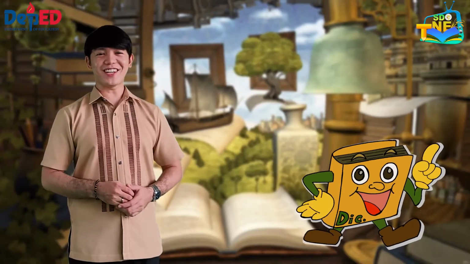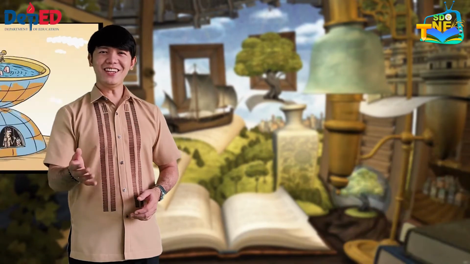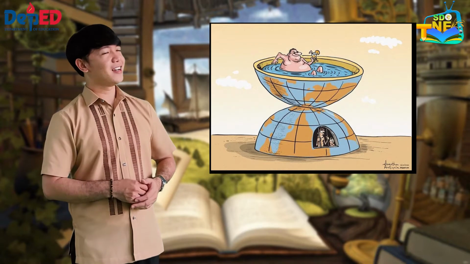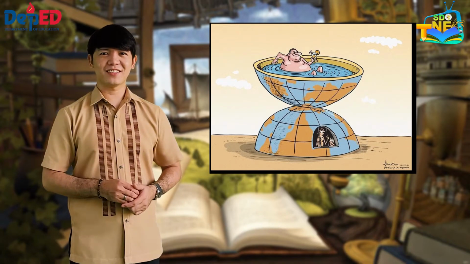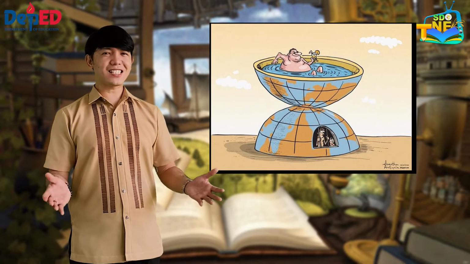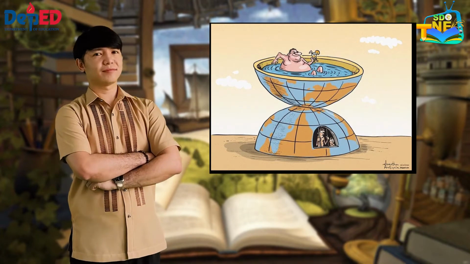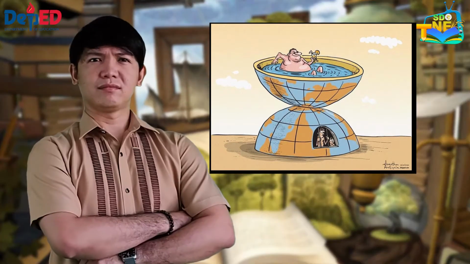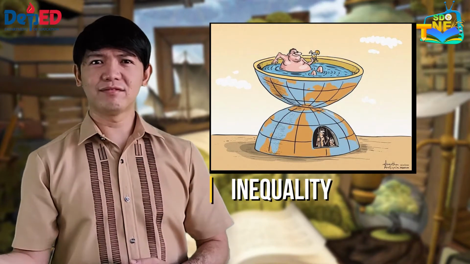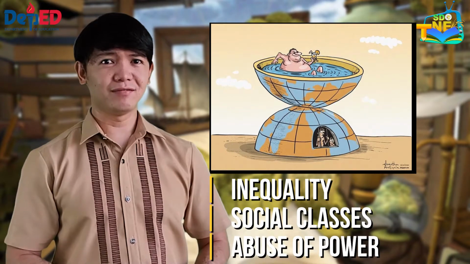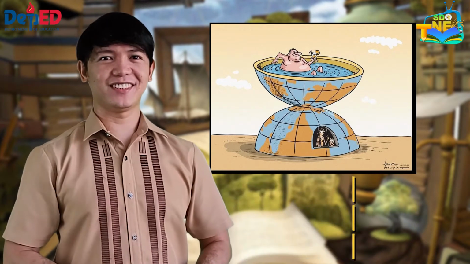Thank you, Mr. Dictionary. Hey learners, look at this picture. What have you noticed? What ideas come to your mind as you see this? Inequality? Social classes? Abuse of power? Very good.